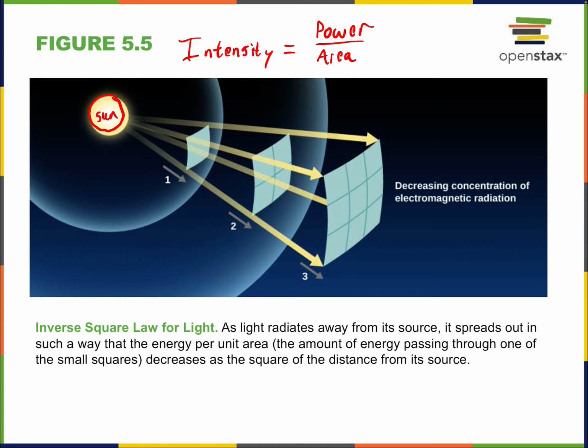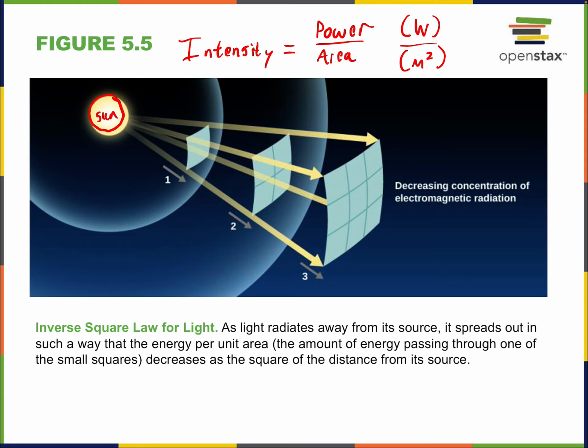As that energy spreads out from the sun, it's carrying power, which has units of watts, just like when you talk about the wattage of a motor. A horsepower is 750 watts, for example. Light bulbs might be 10 watts. This is the way we typically quantify energy per time. And then area is just square meters. So the units of intensity are watts per square meter.